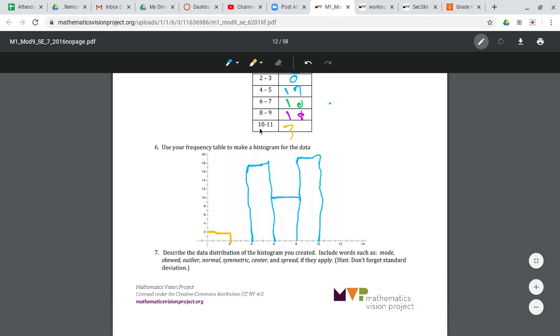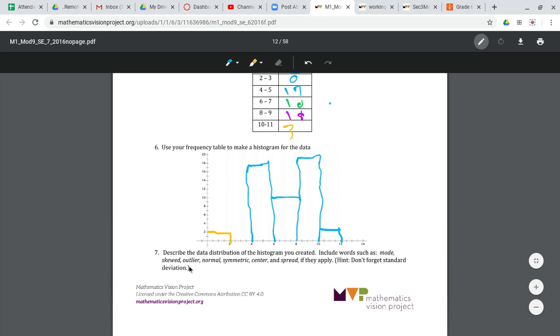And last but not least, we have the 10 to 11, which was 3. So for 10 to 11, we go to 12 because it includes that 11, and it would include 11.5 and 11.9, but not the 12. So we always go up to that next value when we do our intervals. So this would be what our histogram looks like.